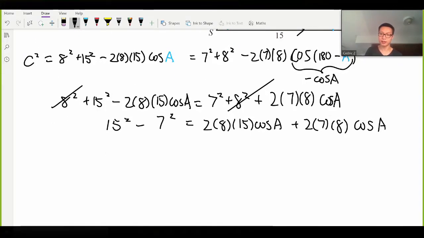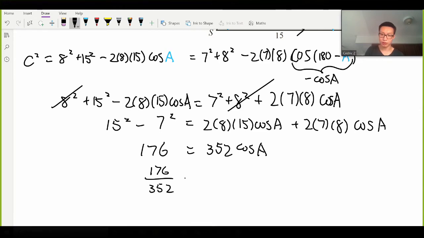Then let's collect the like terms together. The left side simplifies down to 176. On the right side, if you collect all the cosine A's together, the coefficient becomes 352 cosine A. That means 176 over 352 is equal to cosine A, so 1/2 is equal to cos A. Based on the special triangles, you know that angle A is actually 60 degrees.